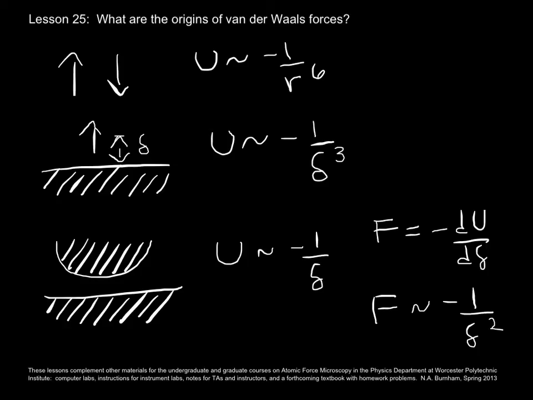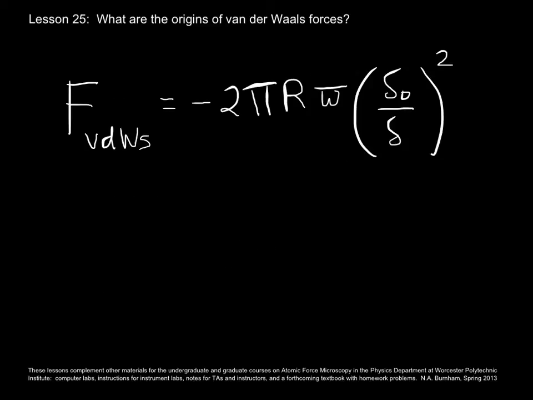One of the assumptions in this calculation is that the tip radius is much, much bigger than the separation, which is always true in a surface forces apparatus, but not necessarily true for atomic force microscopy.